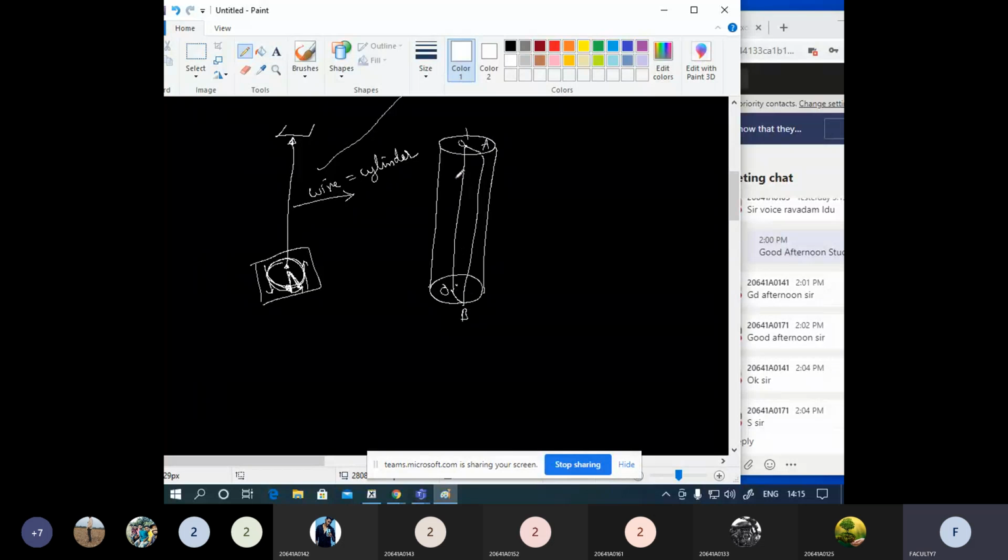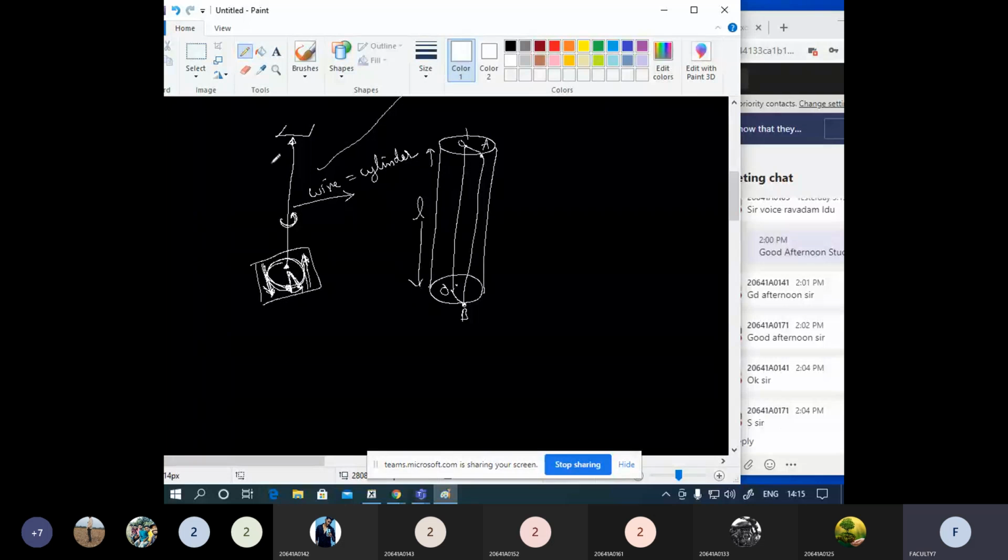Now consider this as the length of the wire, and here we are going to apply a torque, or the twist, or a couple. Due to this, this particular wire will get twisted. Here this B is applied at the bottom surface.